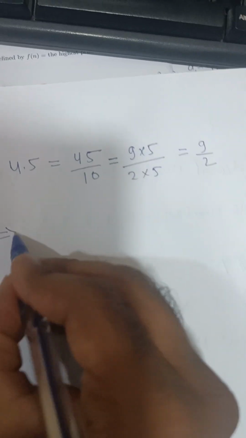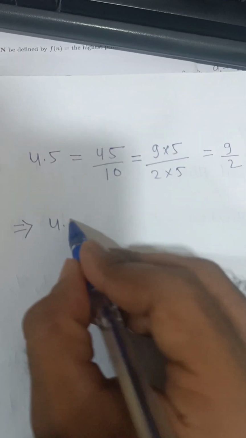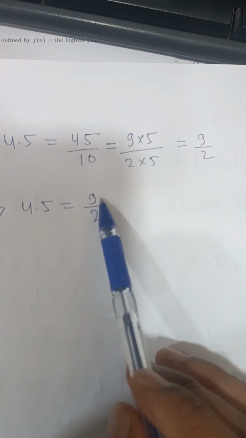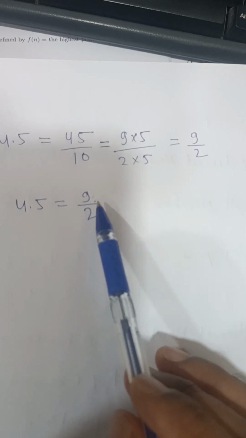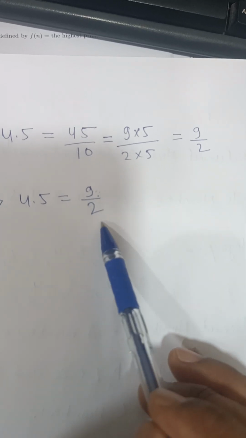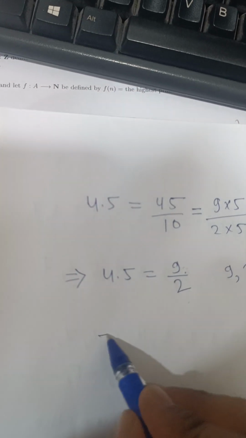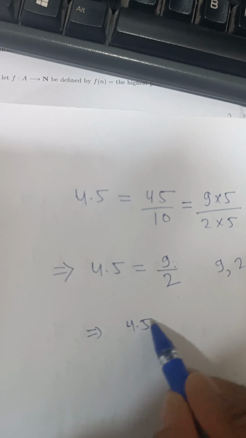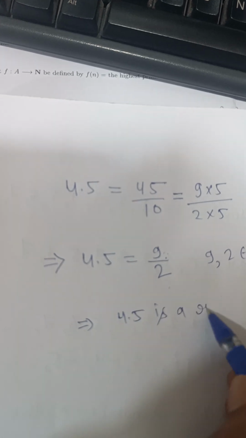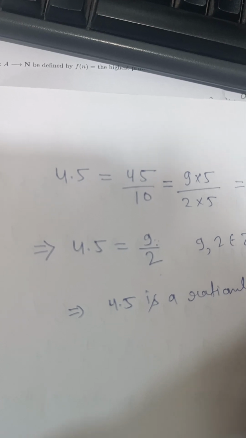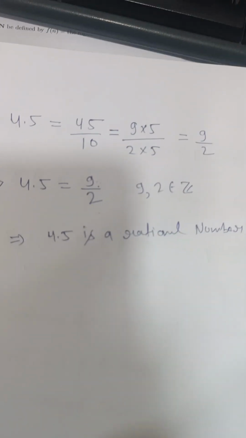So this implies 4.5 is equal to 9 divided by 2. Now 4.5 is written as p by q, where p is 9 and q is 2. So 9 and 2 belong to integers, so this implies 4.5 is a rational number. Okay, so this is the rational number.